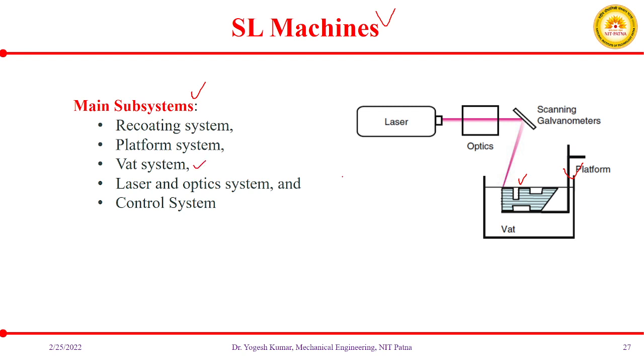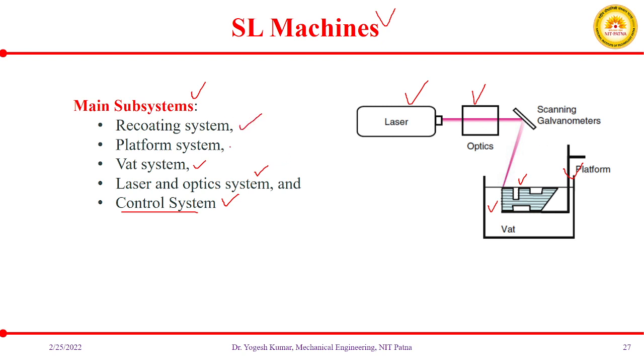Then the vat, obviously the liquid resin filled in this rectangular block. Then we have the laser and optics system. Then the fifth one is your control system.